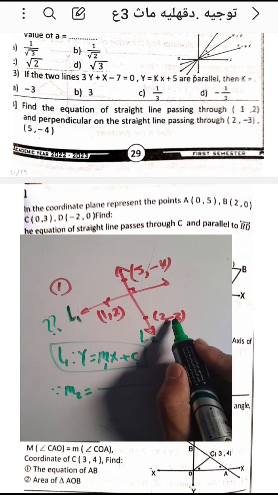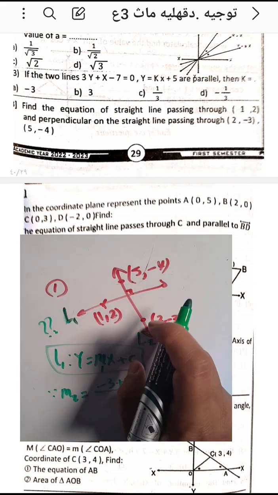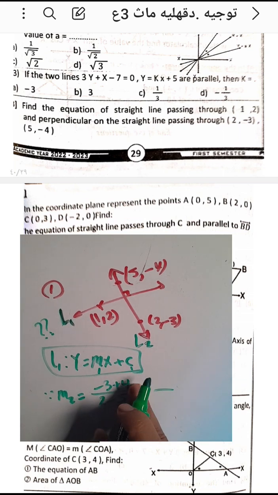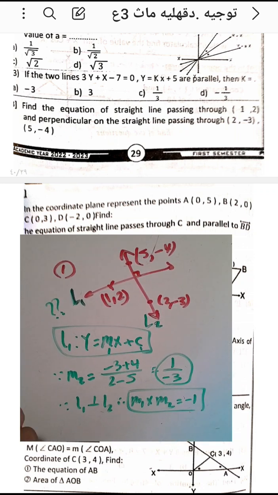Negative 3 minus negative 4 will be negative 3 plus 4, and 2 minus 5. Negative 3 plus 4 is 1. 2 minus 5 is negative 3. It tells us L1 is perpendicular to L2, then m1 multiplied by m2 equals negative 1. It's the rule because L1 is perpendicular to L2.